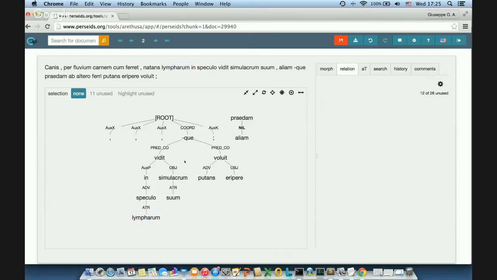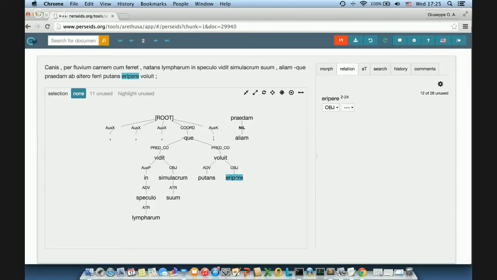Okay. Similarly, we can go on with other constituents. If we focus for a moment on the other coordinated clause here, you can see that voluit is the verb of this coordinated clause. Then we have eripere. He wanted to take.